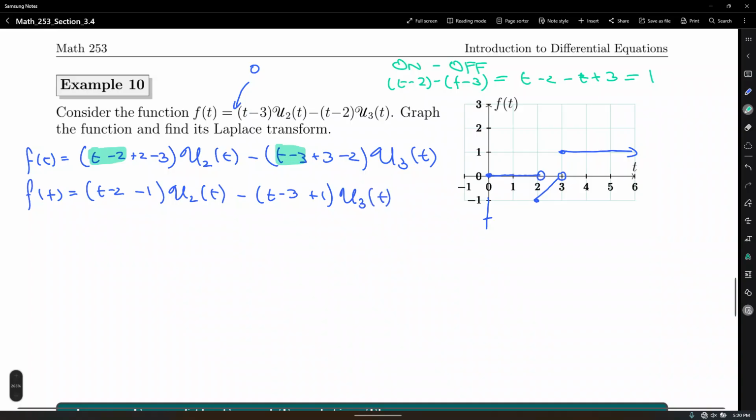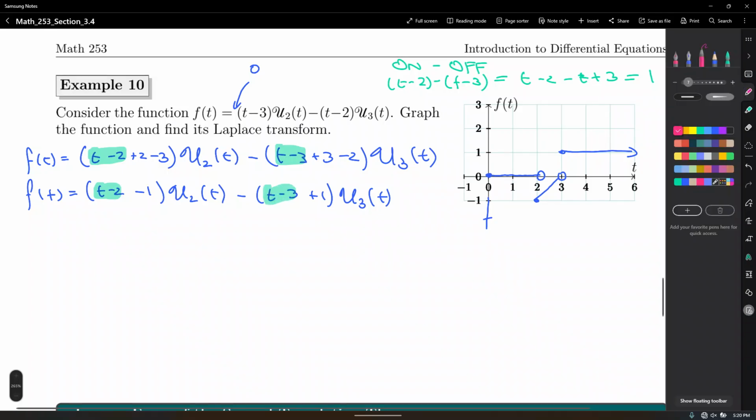So again, let me highlight the t minus 2 and the t minus 3, because I will distribute u with its translation, and then with a constant, which doesn't matter that much for now, with the correct shifting, and then with a constant 1.